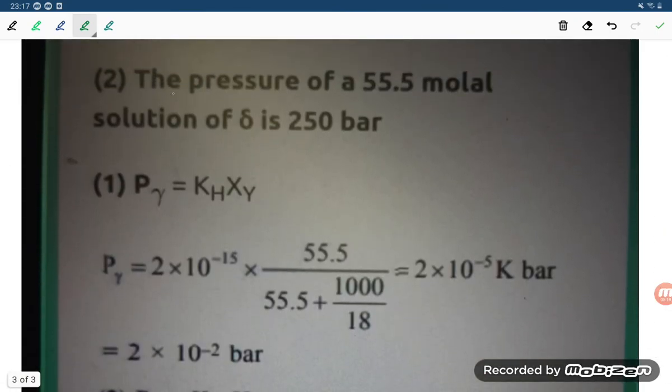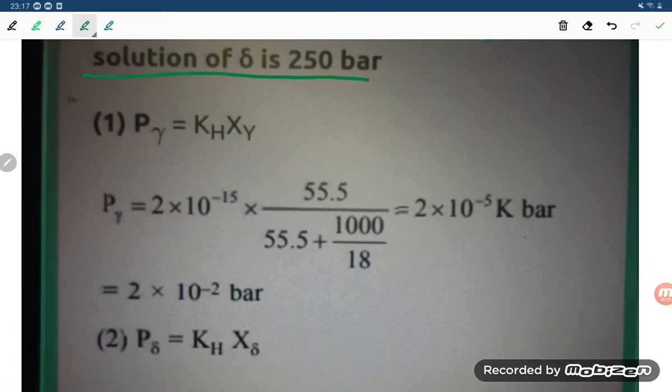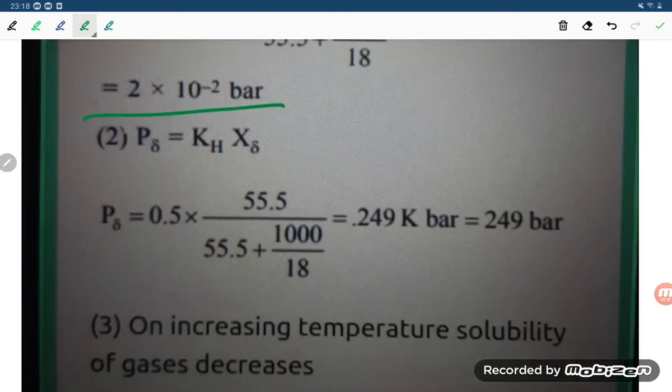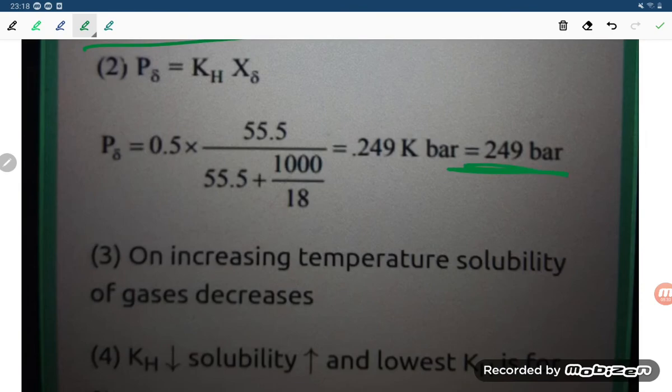You can see the solution also, what they are saying. The pressure of a 55.5 molar solution is 250 bar. How? KH X, they calculate it as 2 into 10 power minus 5, and it comes to 249 bar.